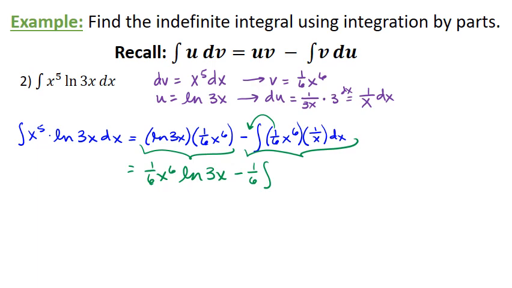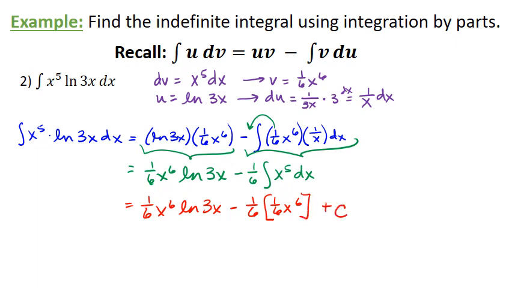And then I'll have x to the 6th times 1 over x, which simplifies to x to the 5th dx. So now I need to integrate this. And when I do, I get 1/6 x to the 6th. And then I have this plus c.